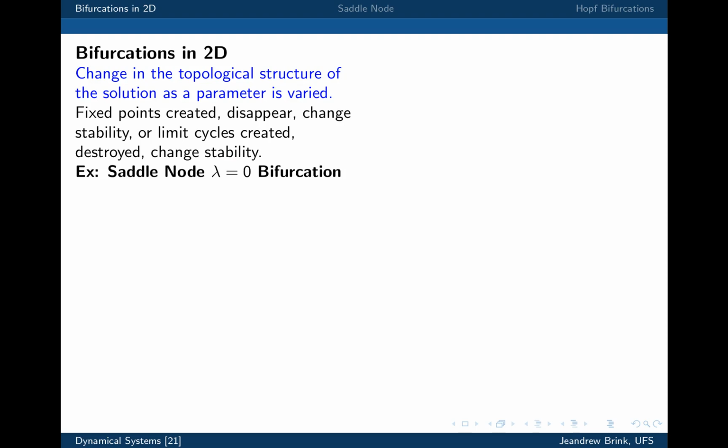Remember we plotted the diagram of the eigenvalues of the linear system? If we're looking at fixed points, a very natural way to look at them is how the eigenvalues change. When you have a bifurcation, you're basically going through one of those boundary conditions in that diagram.